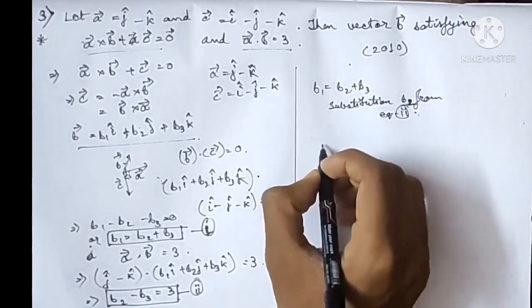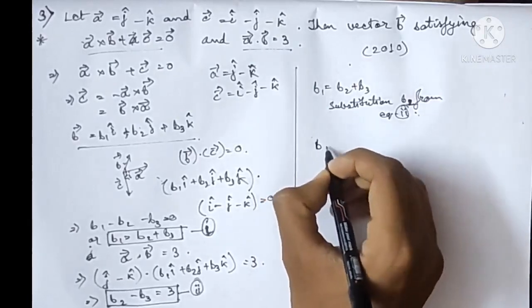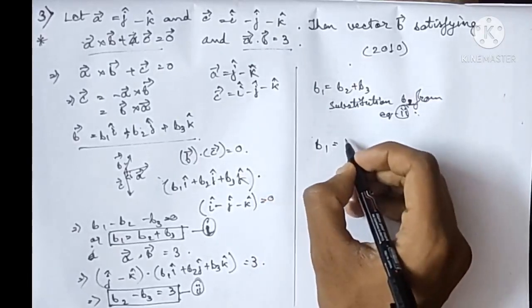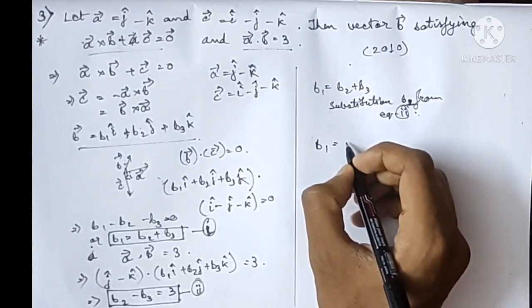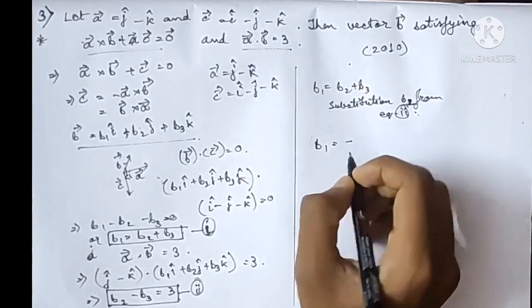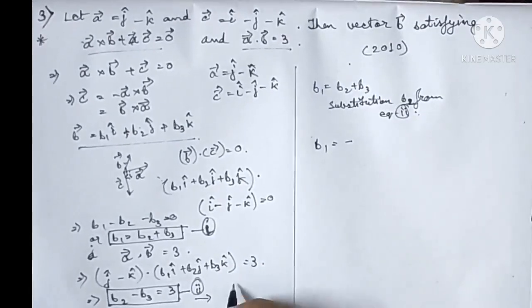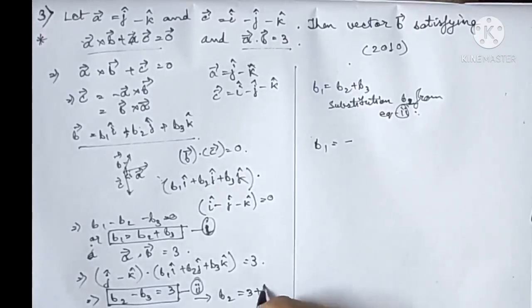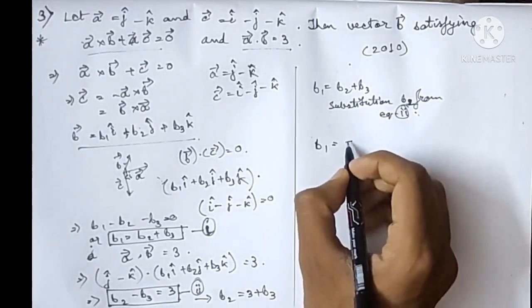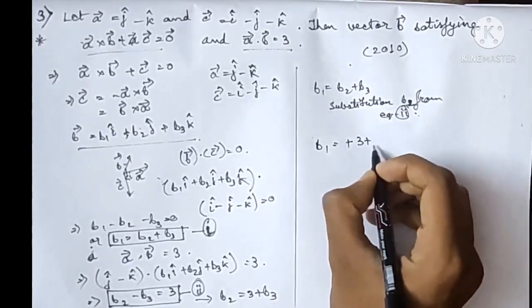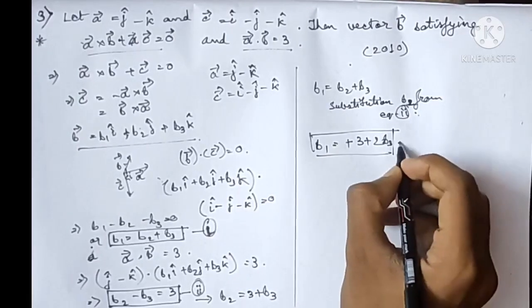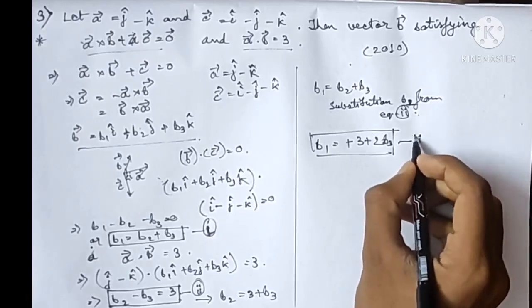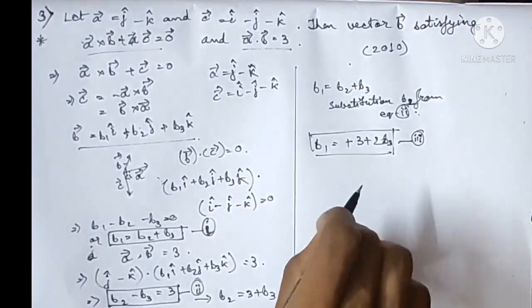Let's take b2. So b1 is equal to, what is it, see, this would give us b2 is equal to 3 plus b3, so that is 3 plus 2b3, right? So we get this equation also, let's say it's equation 3.